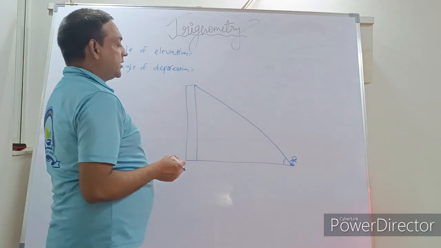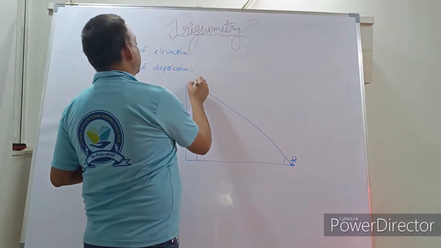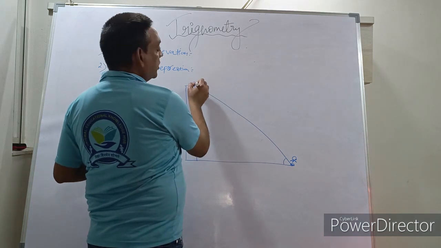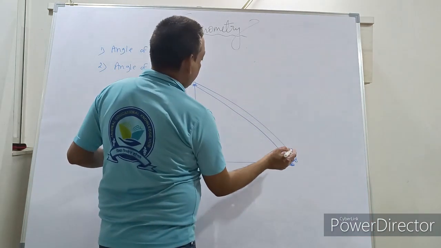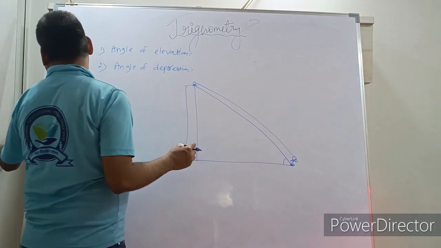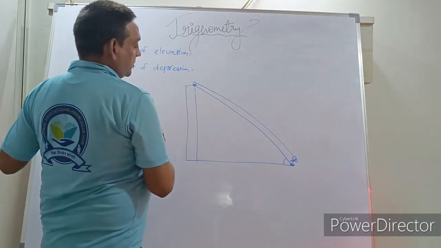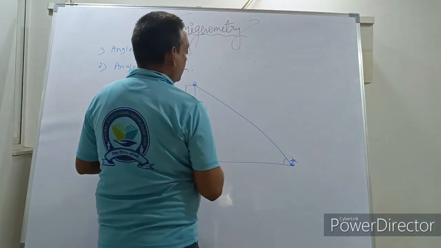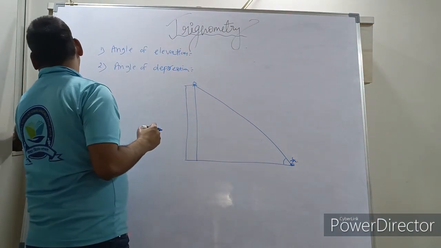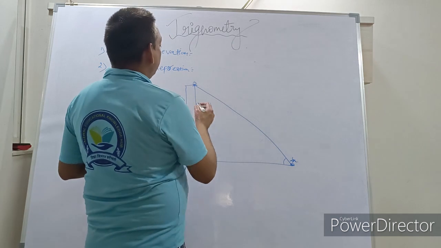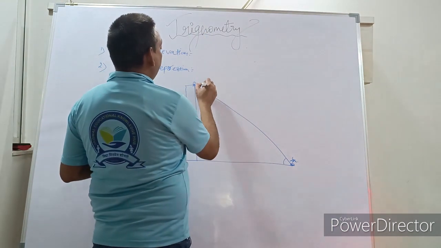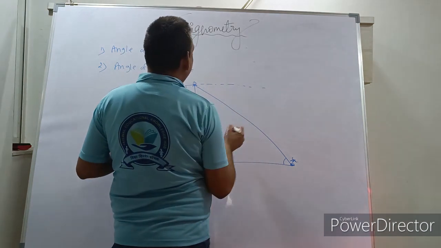In the other case, suppose the person is standing at the top and looking down. Let's do one more example here. If the person is here and has to see something down, we have to draw a parallel line over here.